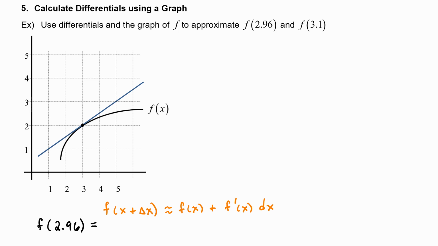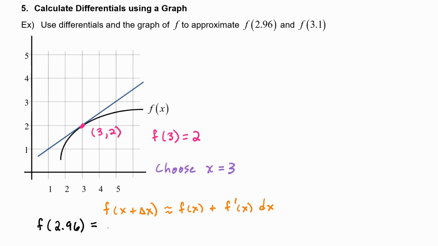On this graph, we know that f of 3 is exactly equal to 2 because we have the point (3, 2). So that tells us that f of 3 is equal to 2, and that gives us an idea that we want to choose x to equal 3 because it's a known function value there.